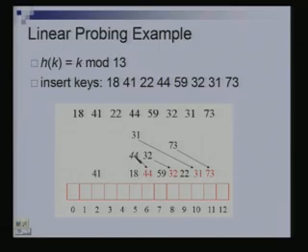So 44 will search for the next location. This location is empty, so we put 44 here. 59, 59 mod 13 is 7. We come to this location, it was empty, so we put 59 here.